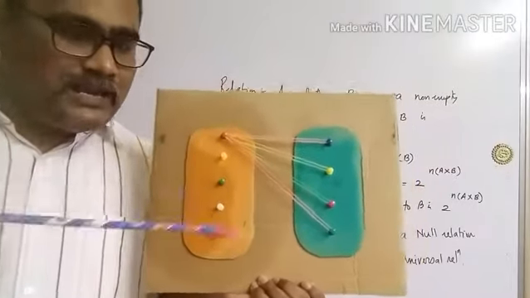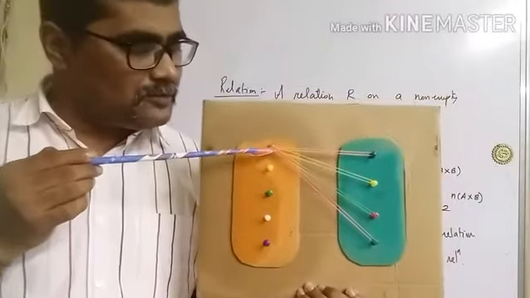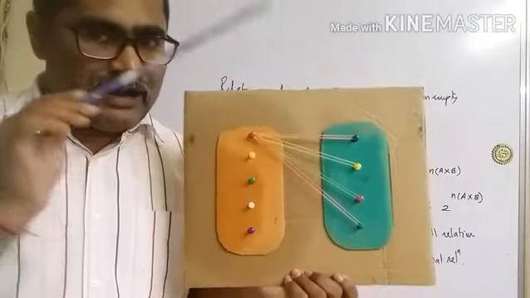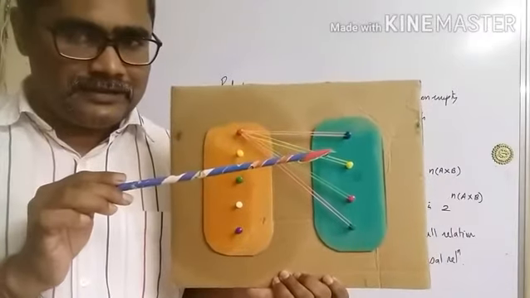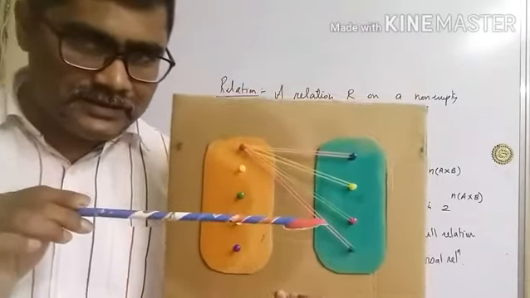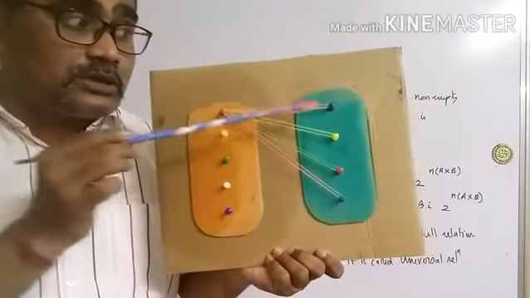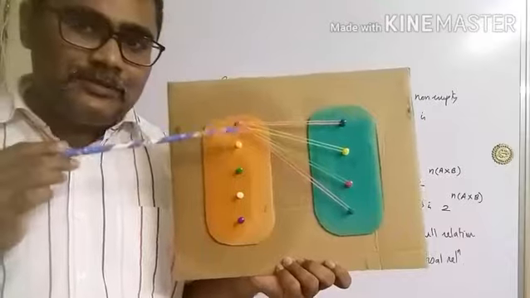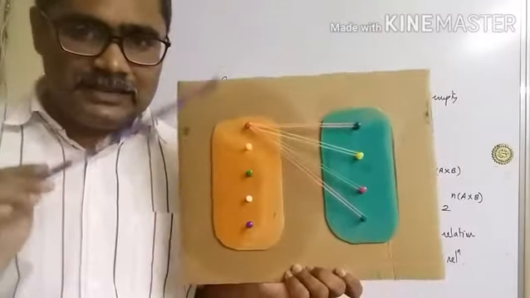By the presence of the ordered pair (1, A), I want to say that 1 is related to A. That is what you have to understand. 1 is related to A. And if there is no rubber band between two, that element is not related to the other element here. Is that clear to you?